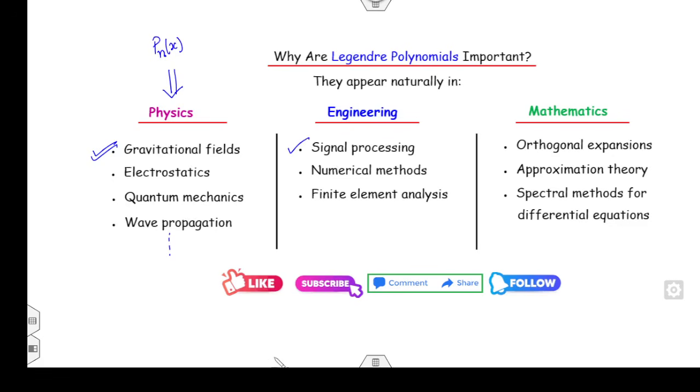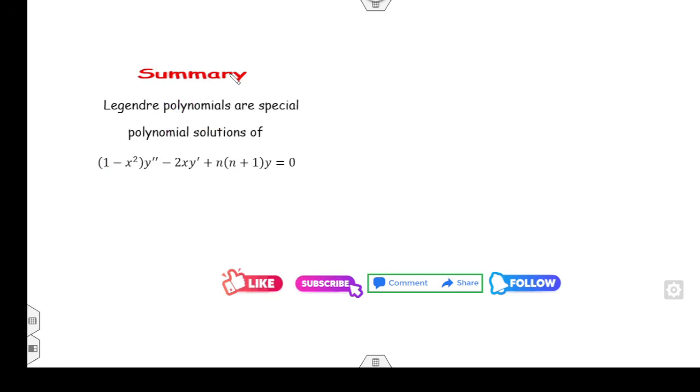Similarly, in signal processing, numerical methods, FEM, very useful once you are doing research. On the other hand, if you are a student of mathematics, the orthogonal function approximation theory, which is a part of functional analysis, spectral methods for differential equations, and many more topics are all correlated with the Legendre polynomials.